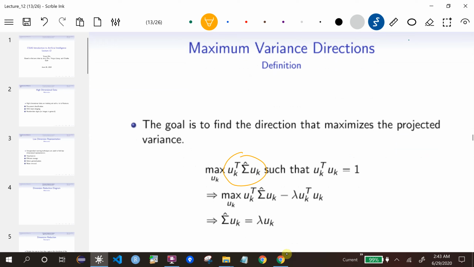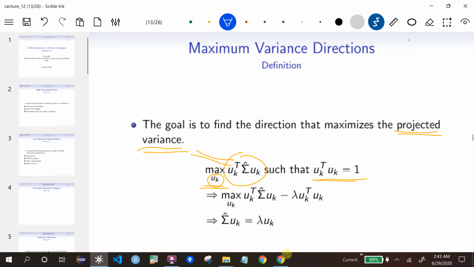Now we know that this is the variance of the length of the projection, basically what we call the projected variance. The variance of the length of the projection is this expression here. We want to maximize it by choosing a direction u, such that this u direction is a unit vector.